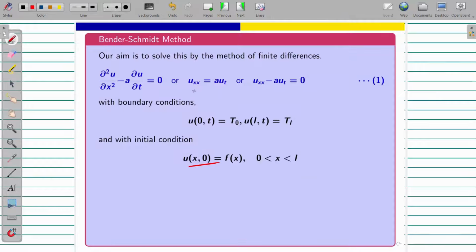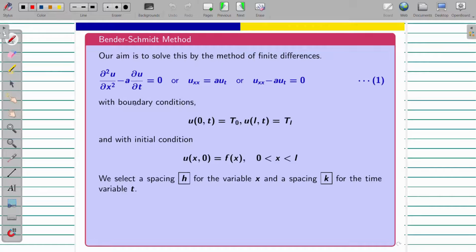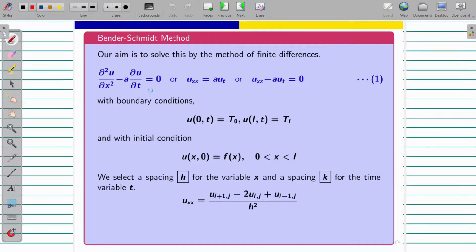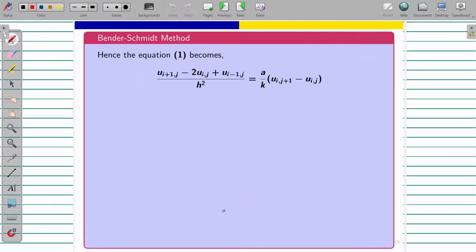Right. Now we have to replace this equation by difference quotients. The second derivative of x will be this. The first derivative of t will be this. Here the important thing is the x direction difference is h, and the y direction, which here is t, difference is k. Then these are all the difference quotients for the derivatives, substituted here.